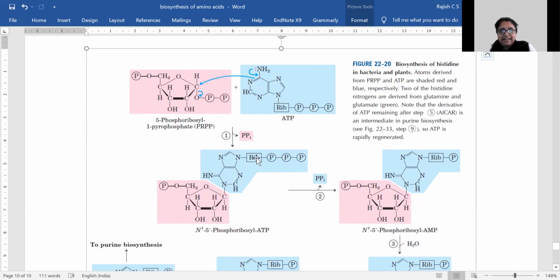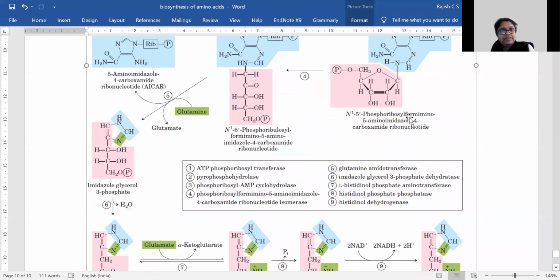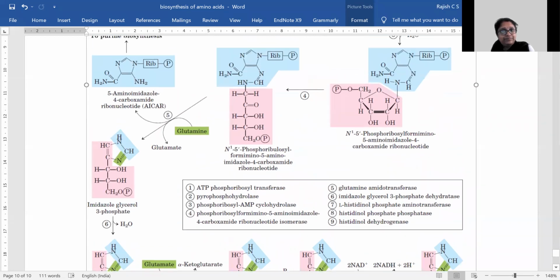That will get combined, and one inorganic pyrophosphate will be removed, and then it will get connected over at this end, and we have 5' phosphoribosyl ATP. From there the pyrophosphate will be removed by a hydrolase, and that will lead to phosphoribosyl AMP.